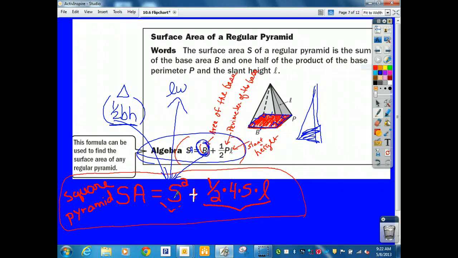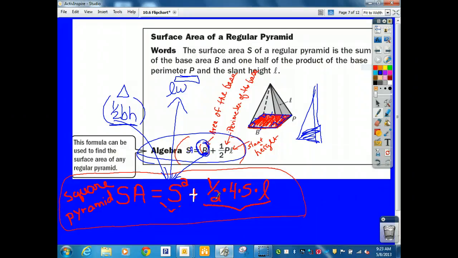If it's a rectangle, then you put length times width in here for the base. So whatever goes here depends upon what the base of the pyramid is. Then you have to add 1/2 times p. This is the perimeter of the base. Now it depends upon what your perimeter is.